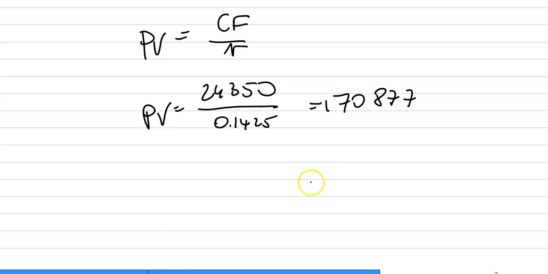Alright, so let's compute the effective weekly interest rate. We have an APR equal to 7%, and that's going to be compounded weekly.